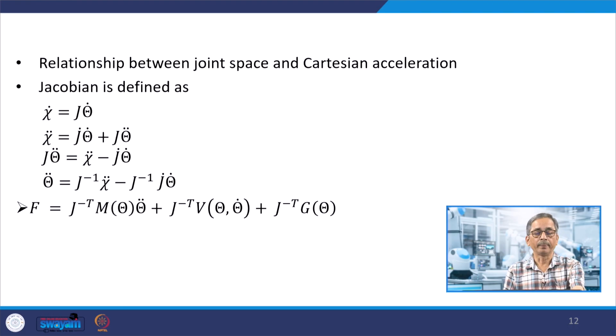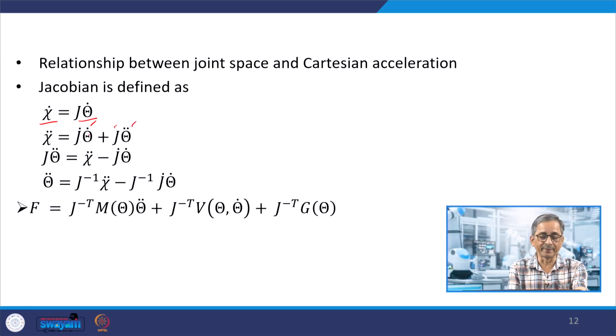Next, we can see the relationship between joint space and Cartesian acceleration. This Jacobian is defined such that the Cartesian velocity vector is equal to the Jacobian times the joint space velocity vector. If I take the derivative over here, this will be the Jacobian derivative times theta dot plus the Jacobian times theta double dot.